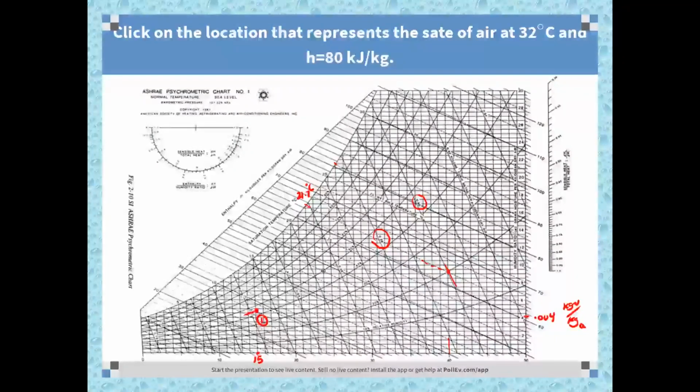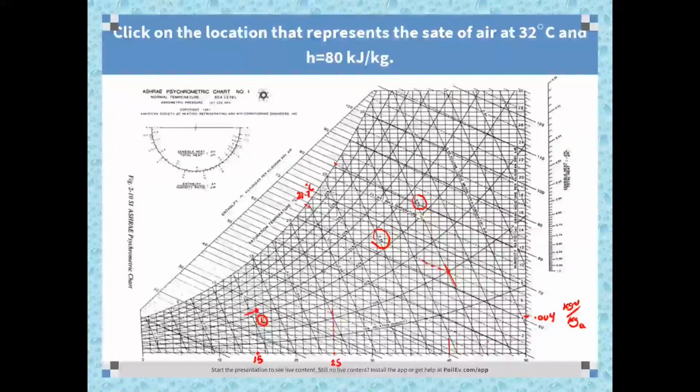Simple heating to what condition? To what? 25, I think. 25. So this is 25 here. If I go up. So the important thing is to identify the process on this.